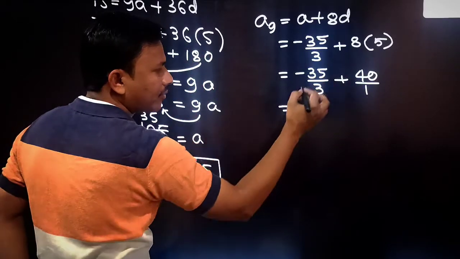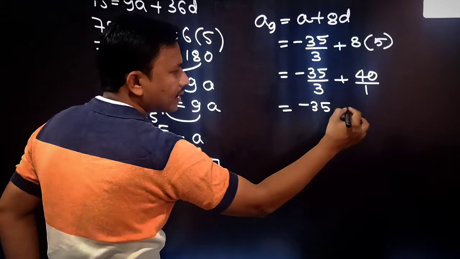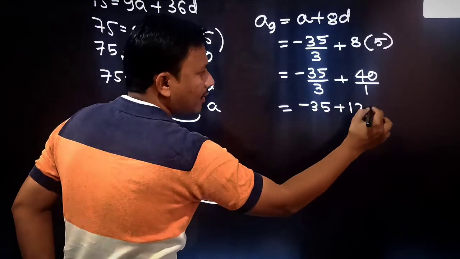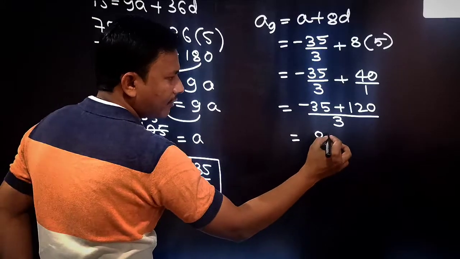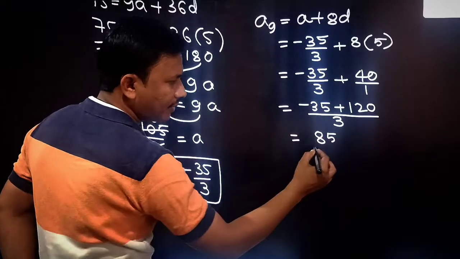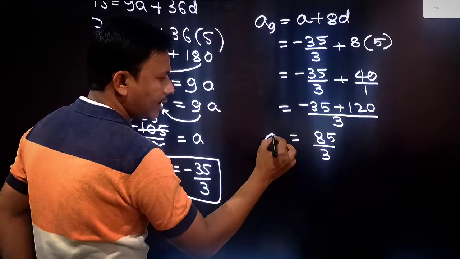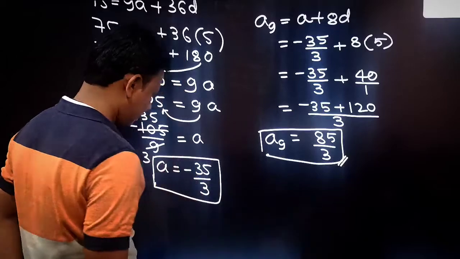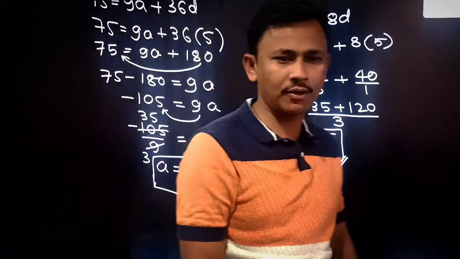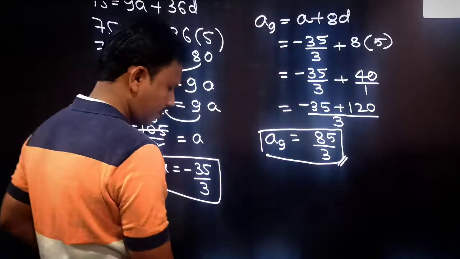Cross multiply: 1 into minus 35 is minus 35, 3 into 40 is 120, divided by 3 ones are 3. 85 divided by 3. A9 is equal to 85 divided by 3 and A is equal to minus 35 divided by 3. Check it out.